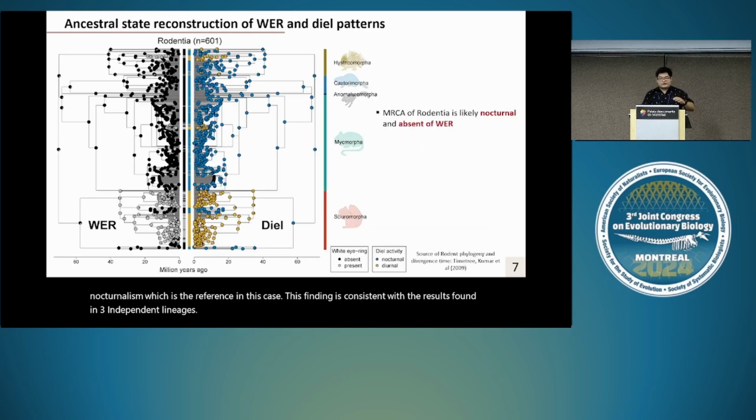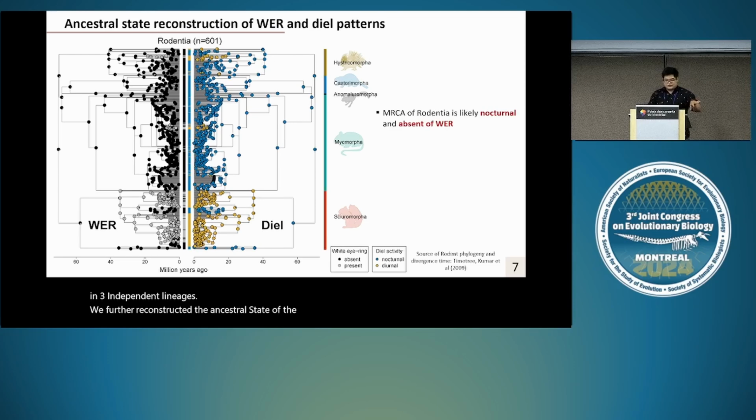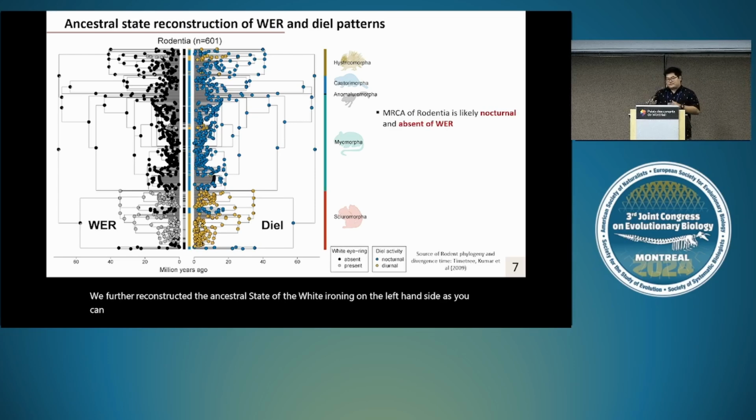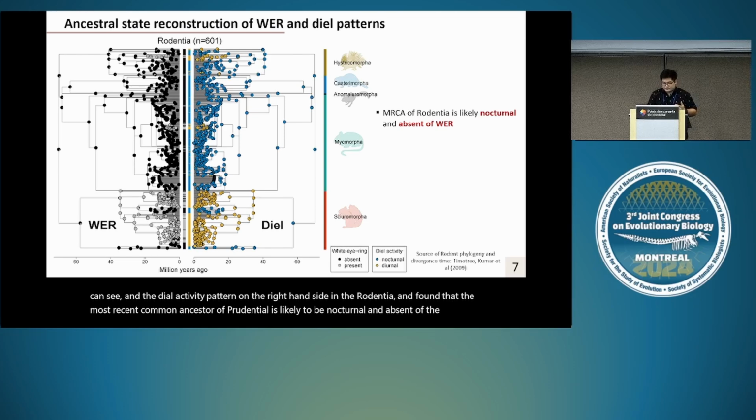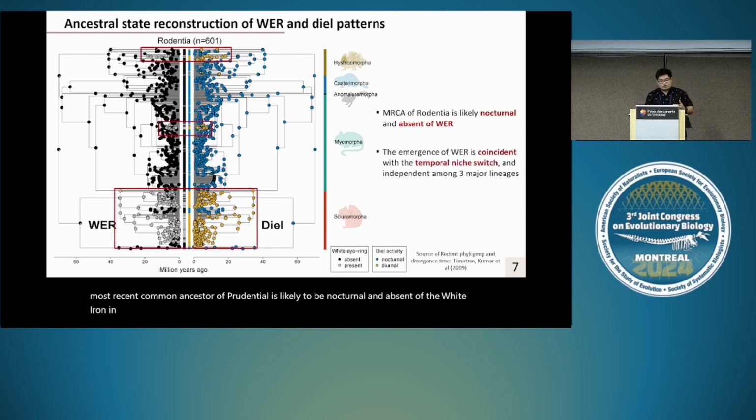We further reconstructed the ancestral state of the white eye-ring on the left-hand side, as you can see, and the diel activity pattern on the right-hand side in Rodentia, and found that the most recent common ancestor of Rodentia is likely to be nocturnal and absent of the white eye-ring. In addition, the emergence of the white eye-ring is coincident with the temporal niche shift from nocturnal to diurnal lifestyle.